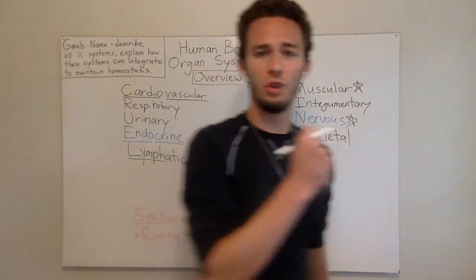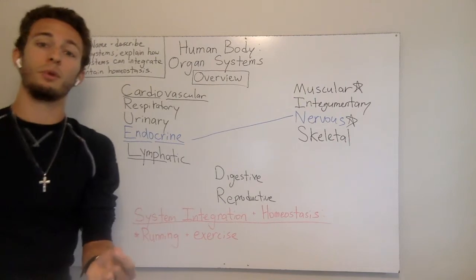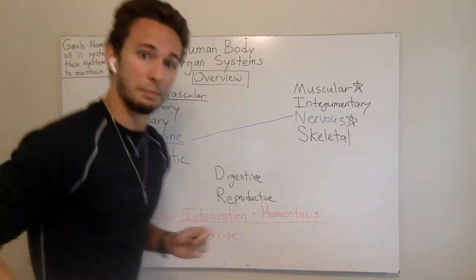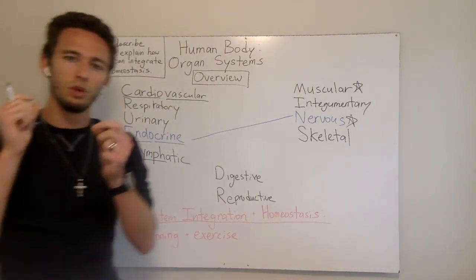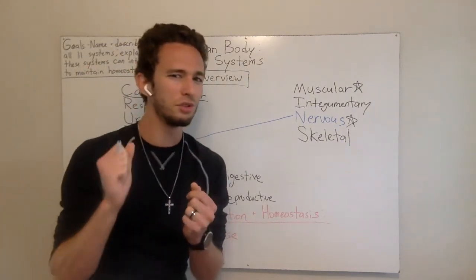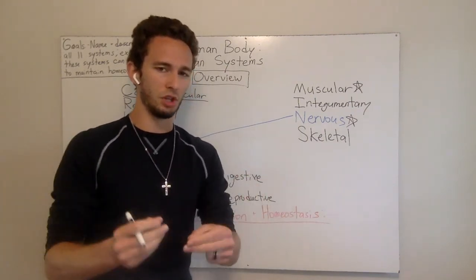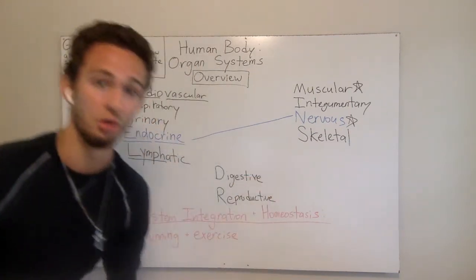As you're running, you're now using more oxygen. You're burning more glucose to make ATP, the energy that's literally propelling you forward in those muscle contractions. So your body will notice, hey, you're using glucose at a super high rate. We better put some glucose into your blood so that your tissues can have more access to it.